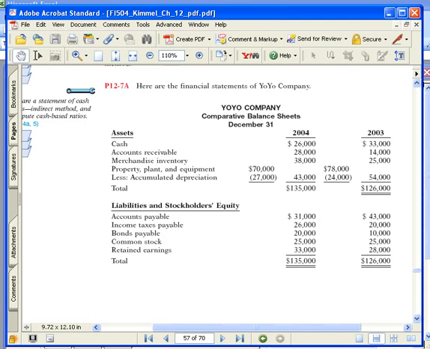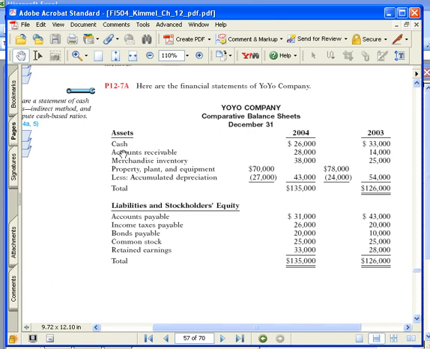Okay, now let's take a look at our next current item, which is accounts payable. Accounts payable goes from $43,000 at the end of 2003 to $31,000. That is a drop of $12,000. If accounts payable decreased, it has the opposite effect of a current asset.